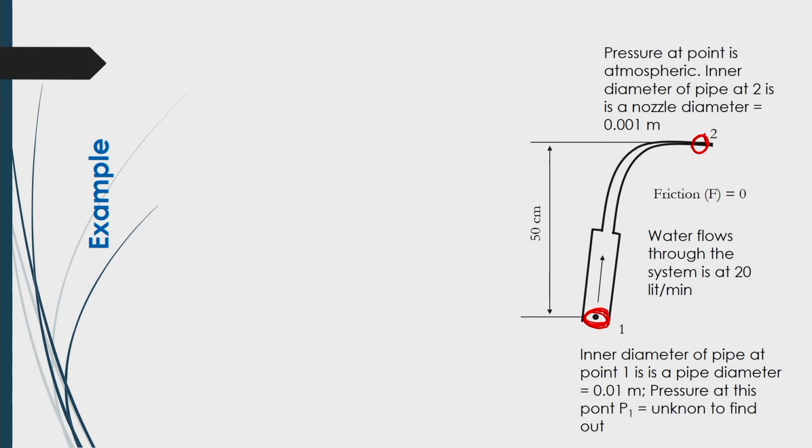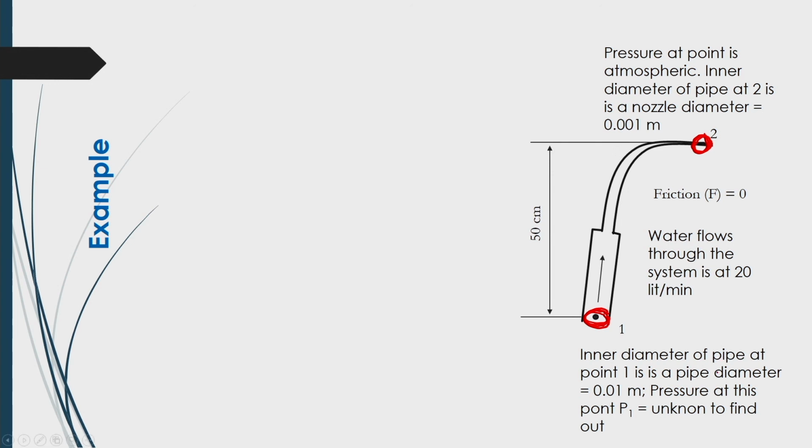Pressure at point 2 is atmospheric. The inner diameter of the nozzle at 2 is 0.001 meter, and the inner diameter of the pipe at point 1 is 0.01 meter, which is 10 times the nozzle diameter.